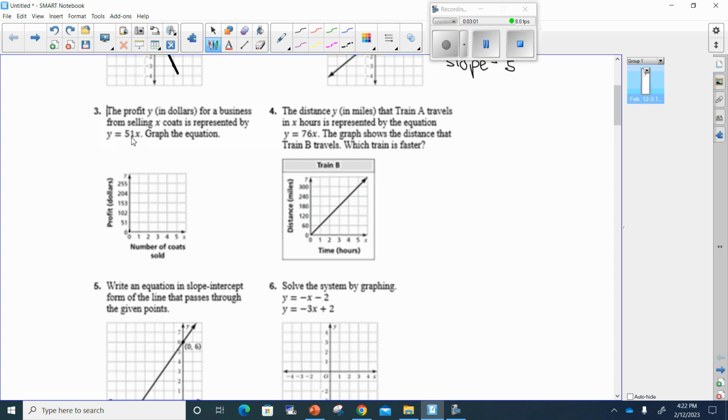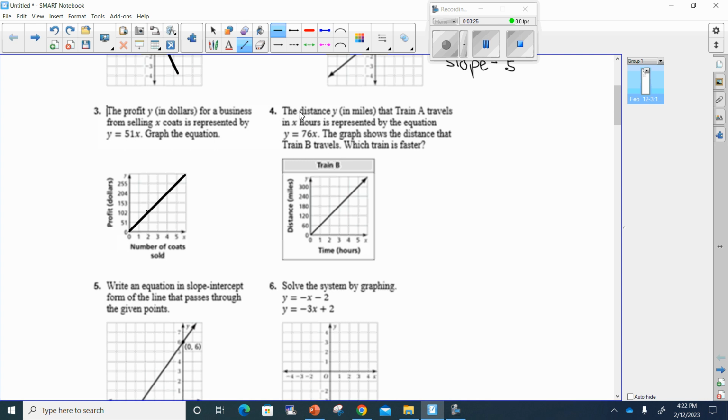And then it's going to go up 51 and over 1. So this is up 51 and over 1. Well, graph the equation. It's pretty easy. We're going straight here and going right through every one of these.